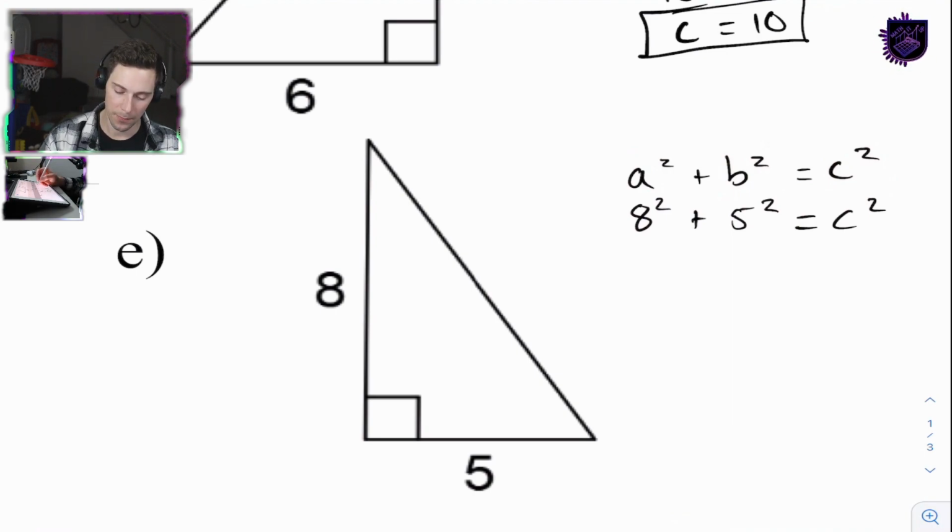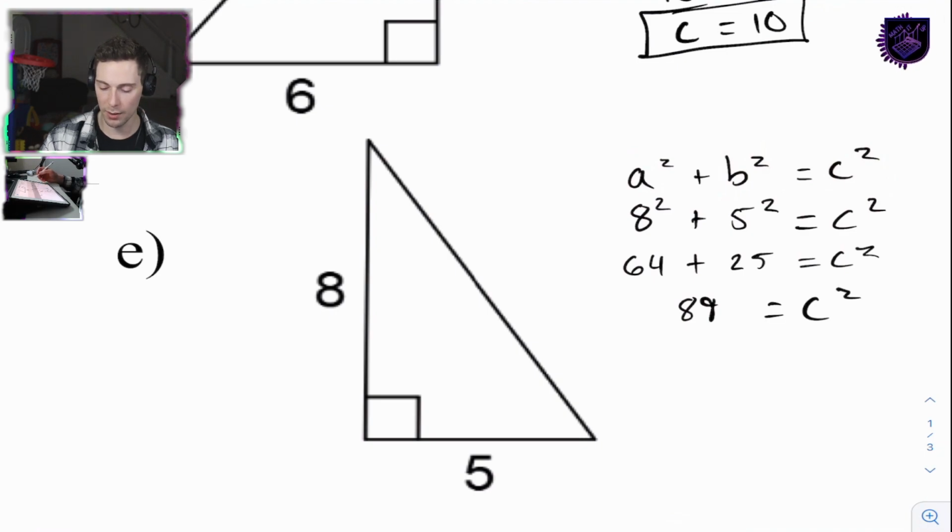And this is going to be 64 plus 25 equals c squared. Now 64 plus 25 is 89, which is equal to c squared.